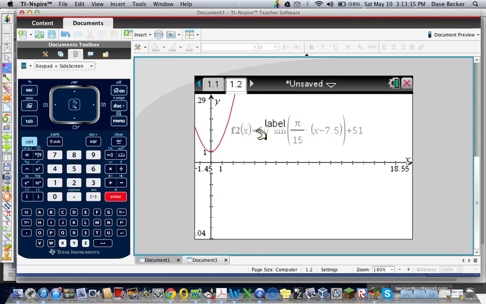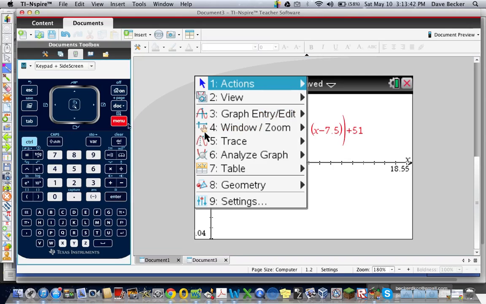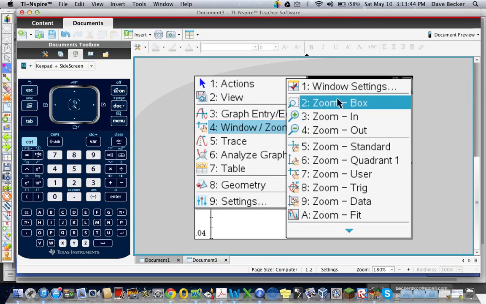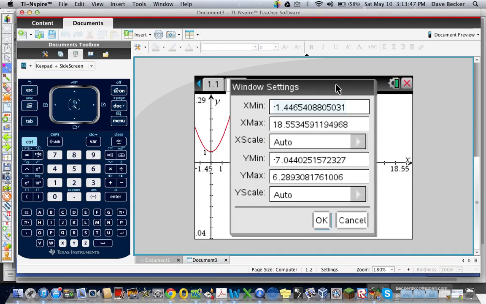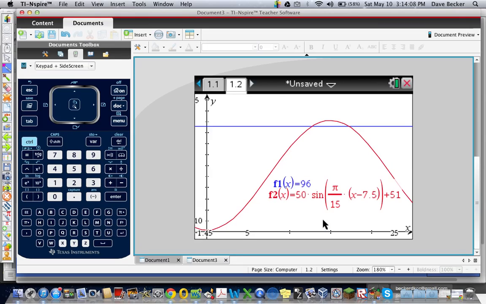Okay, so let's see, it looks like it's going to happen way up there. And I know it's 96, so menu, window zoom, window settings. My X-min I'm fine with. Maybe my max, I'll go to 25 just to be safe, with a scale of 5. I'm fine with my Y-min. I graphed 96, so maybe I'll do 125 just to give myself some room. Scale of 10 should be good, and I hit OK.